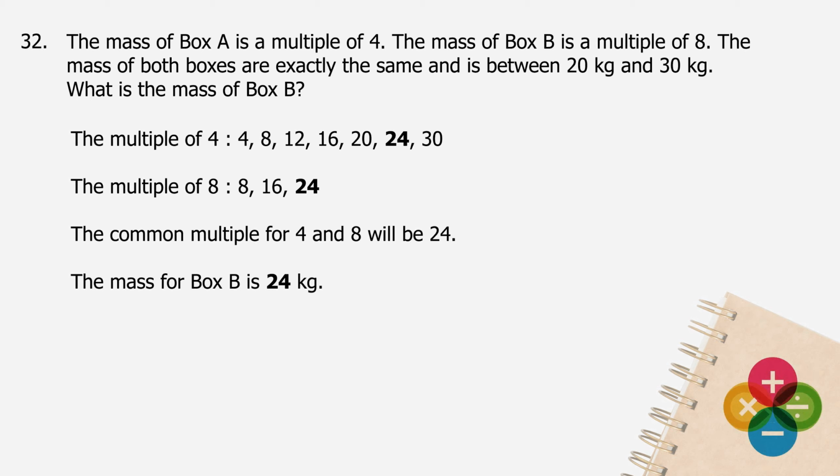The multiple of 4 will be 4, 8, 12, 16, 20, 24, and 30. The multiple of 8 will be 8, 16, and 24. The common multiple for 4 and 8 will be 24. The mass for box B is 24 kg.